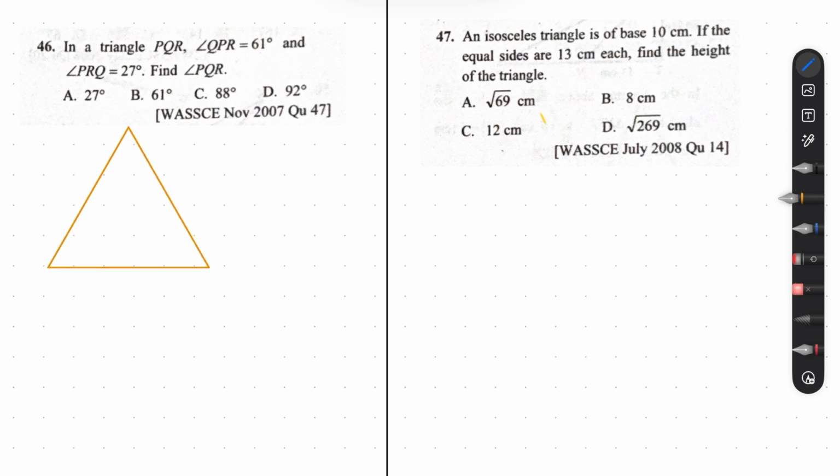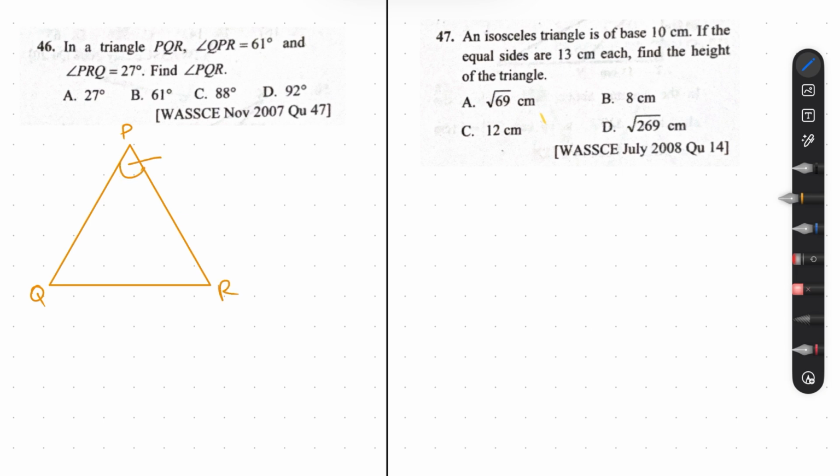Let's label it PQR. The angle at P has been given as 61. That's QPR. The angle at R has been given as 27. So the angle at Q here is what we are trying to find. Let's call it X.